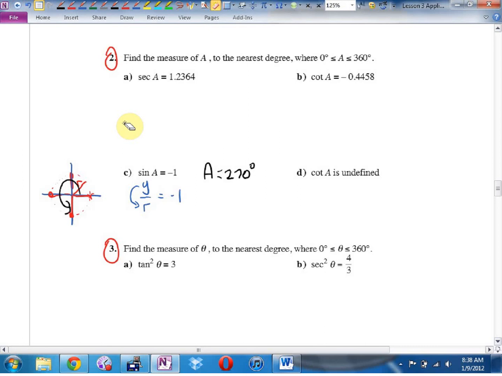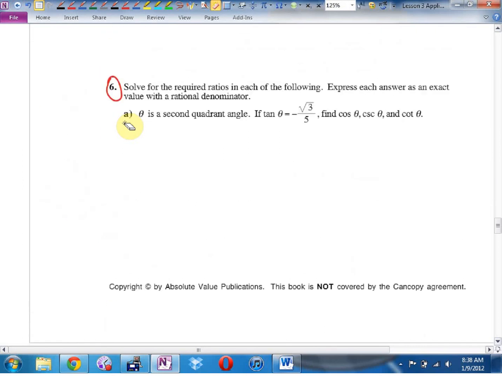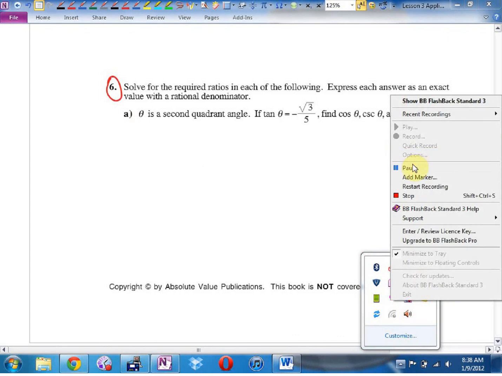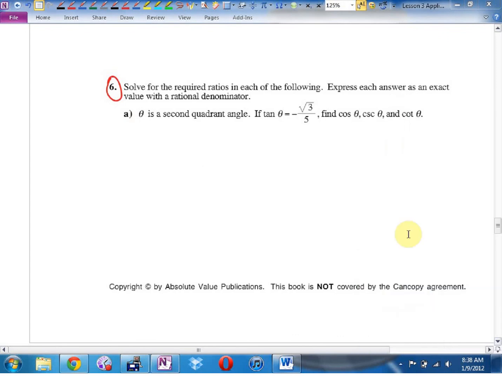Yeah. Number 6. Theta is a second quadrant angle.